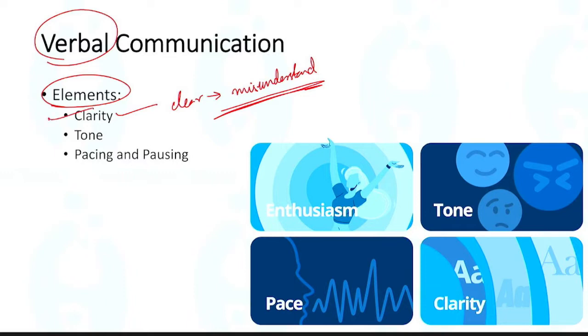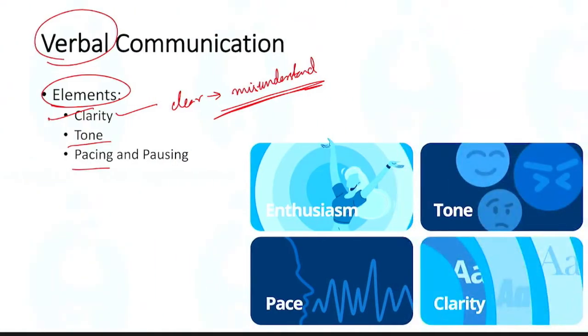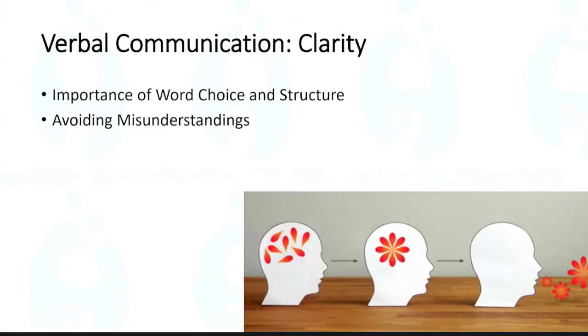Then coming to the tone and pacing, we'll deal with it in detail, but before going into that, we have to learn about different forms of communication. We already know about verbal, non-verbal, visual and written communication, right? But here we will be learning a little bit more about intercultural, group and classroom communication. Okay, so I've already mentioned the elements of verbal communication.